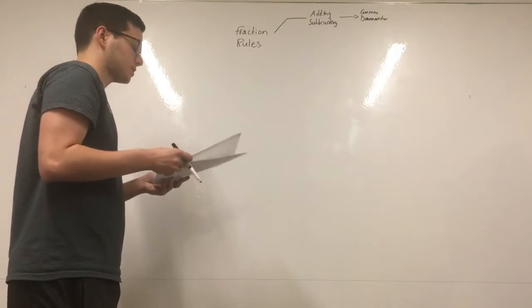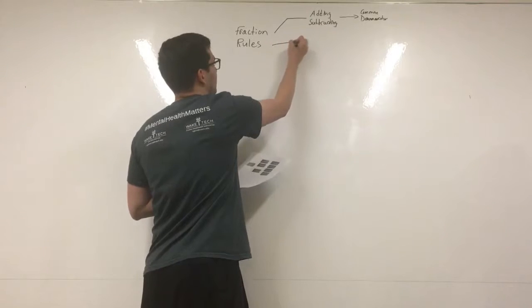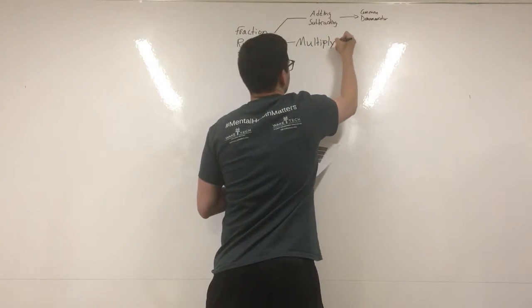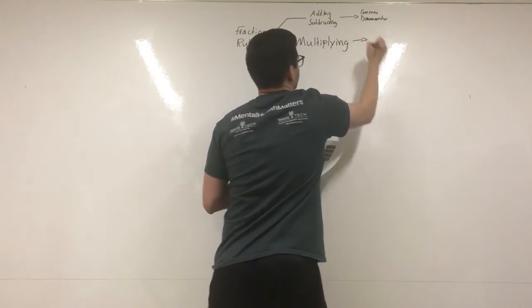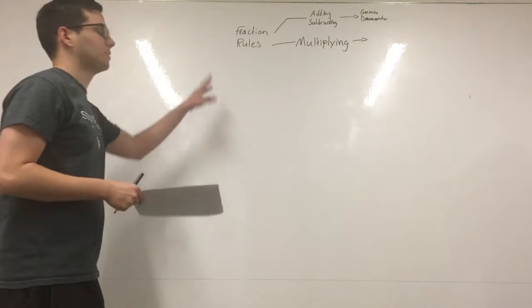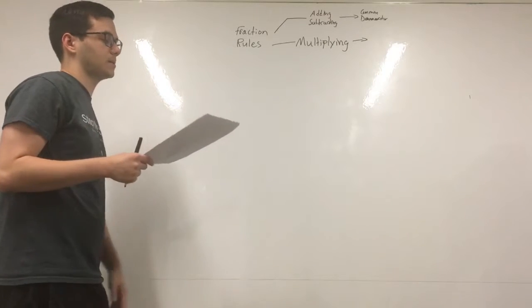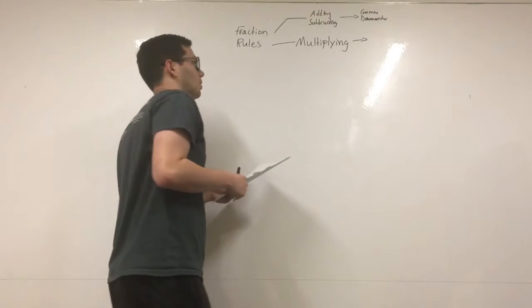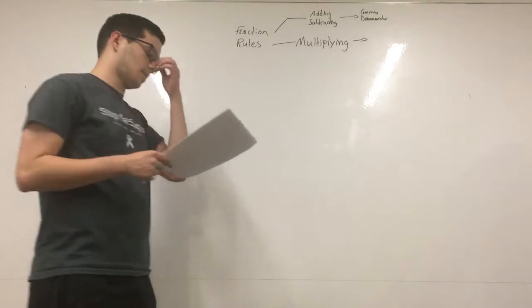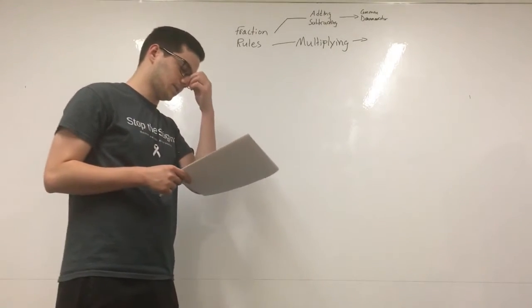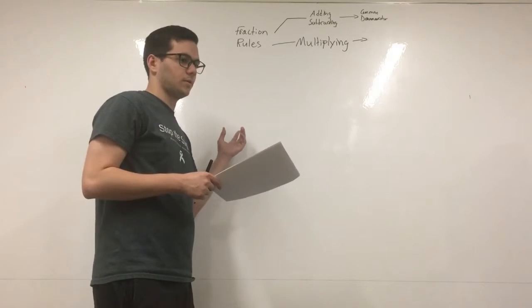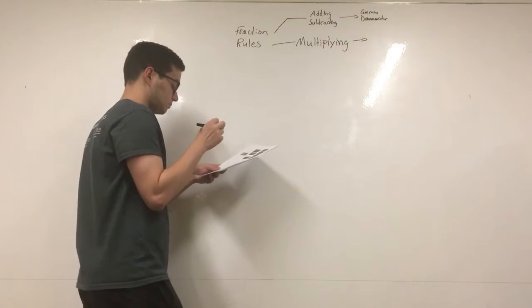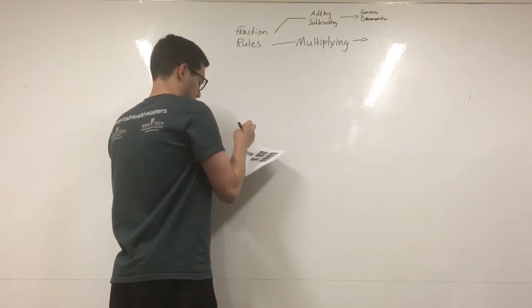All right, so let's look at multiplying now. So personally, I think multiplying fractions is the easiest because you just multiply straight across. So I'll show you what that means. The only thing though is, remember the addition example we did, I can rewrite it.